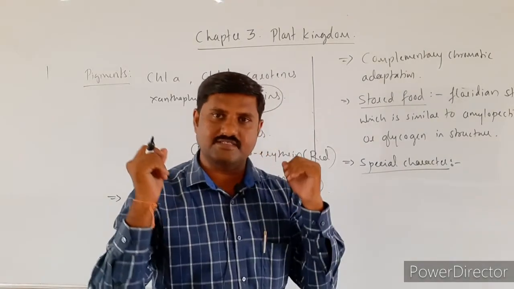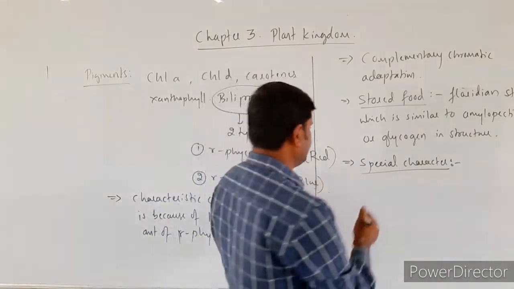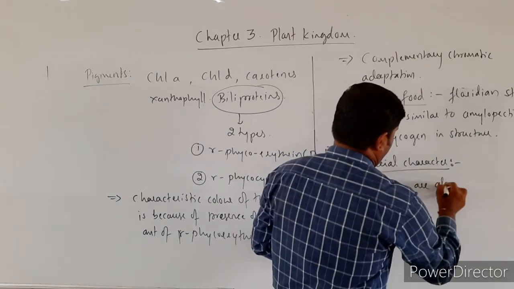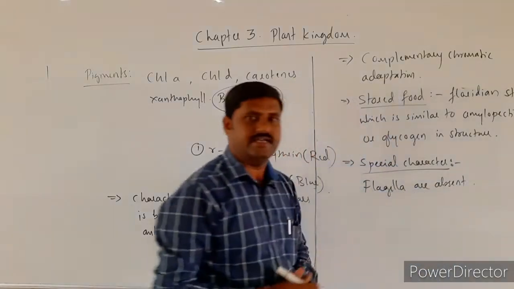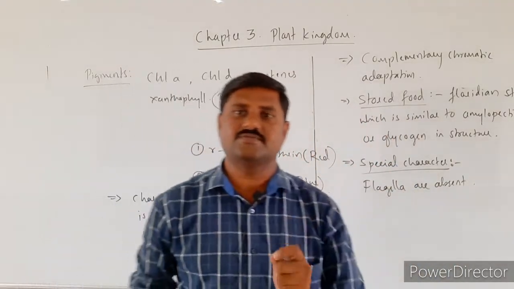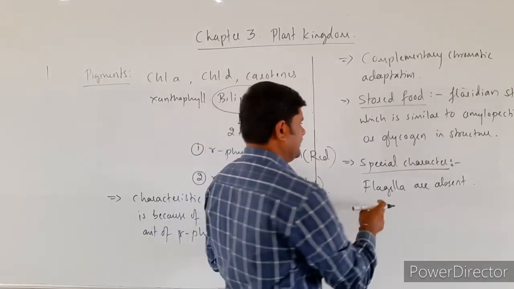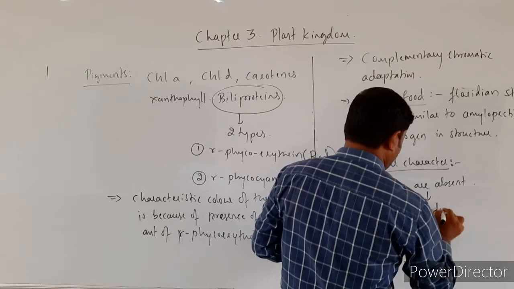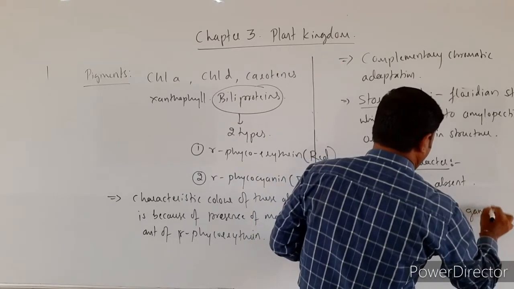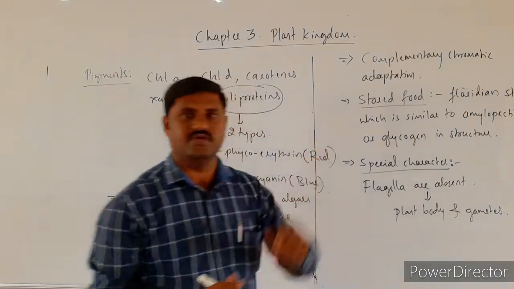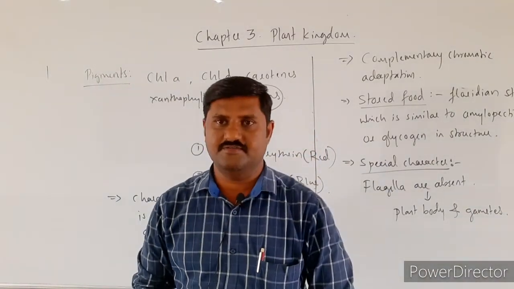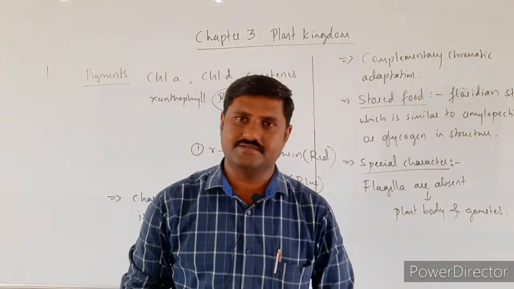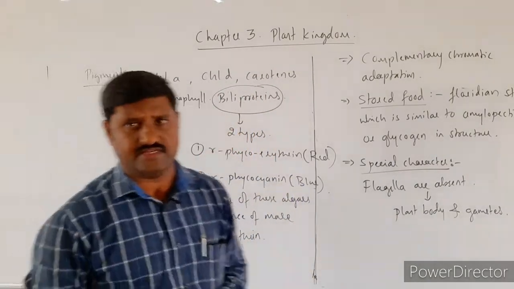So flagella are totally absent in these algae, even in plant body as well as gametes. So this is one unique feature of this kind of algae, that is red algae. So these are some important characteristic features.